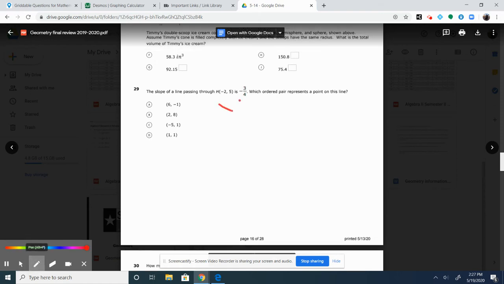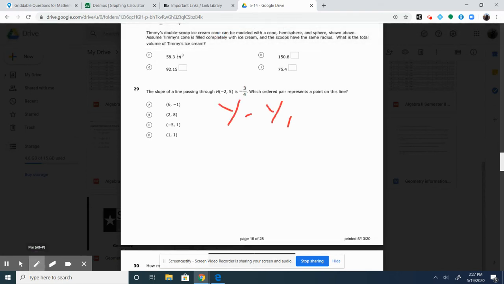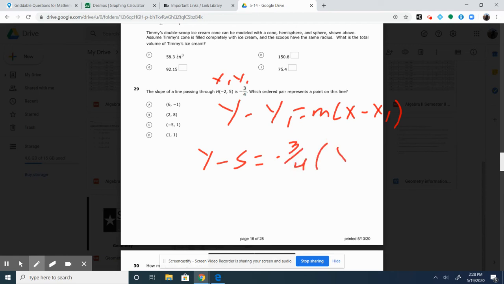So our point slope formula. So that would be equal to m and then x minus x1. So what we're going to do is plug in our points, x1, y1, and we already have our slope of -3 over 4. So y minus 5 is equal to -3 over 4, and x minus -2.